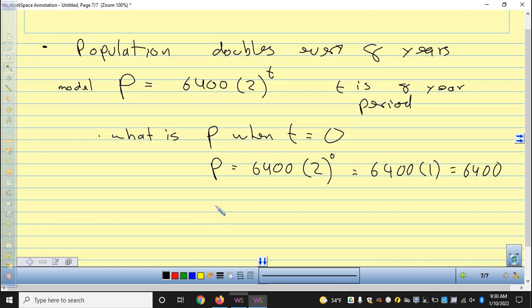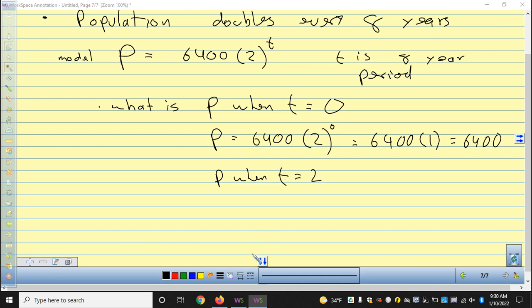What is P when T equals 2? Well, we plug that in. Population is 6,400 times 2 to the second power, or 2 squared.